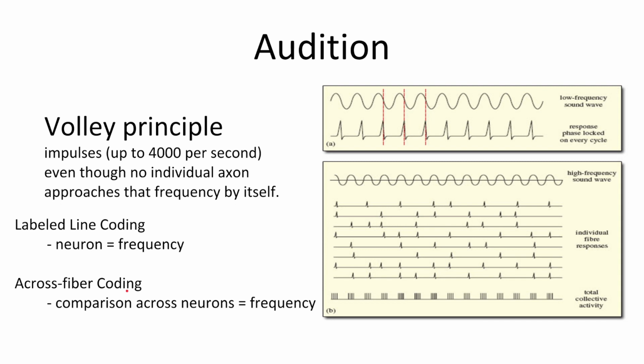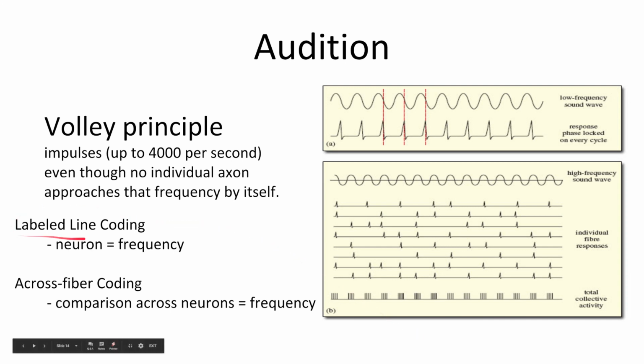Meaning that we take the input from a small number of neurons, and we compare across those inputs, and from that comparison of the relative activations of those neurons, determine some higher or more complex kinds of information. So the volley principle is one that illustrates this across fiber coding strategy. That is, we take information across fibers, combine that information, and we're able to decode this higher frequency waveform.